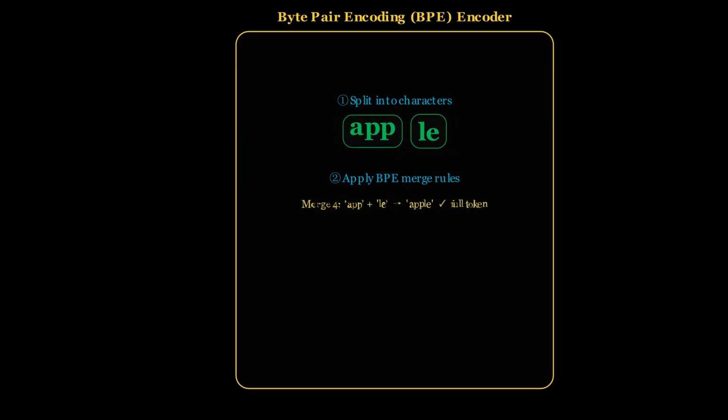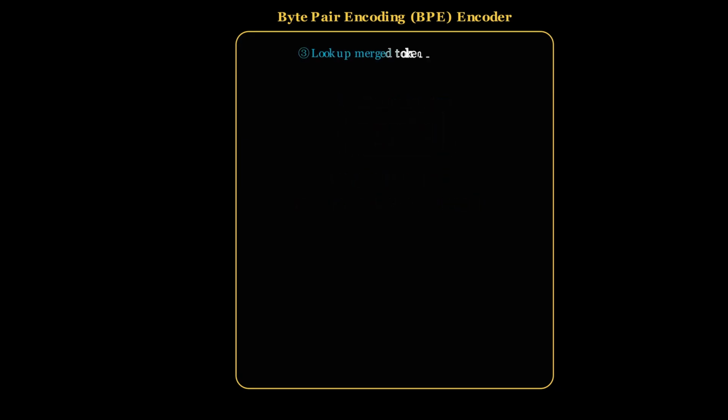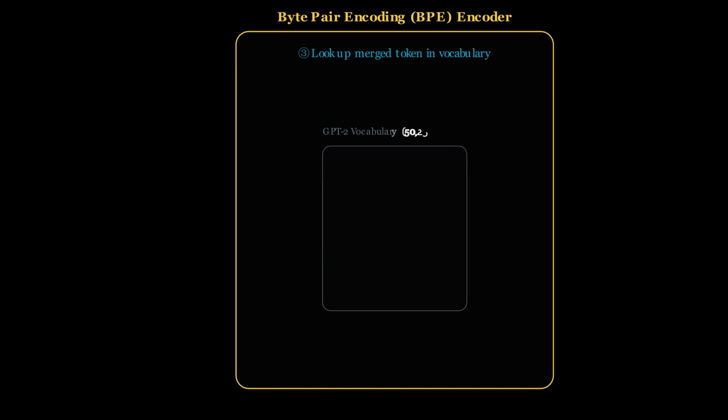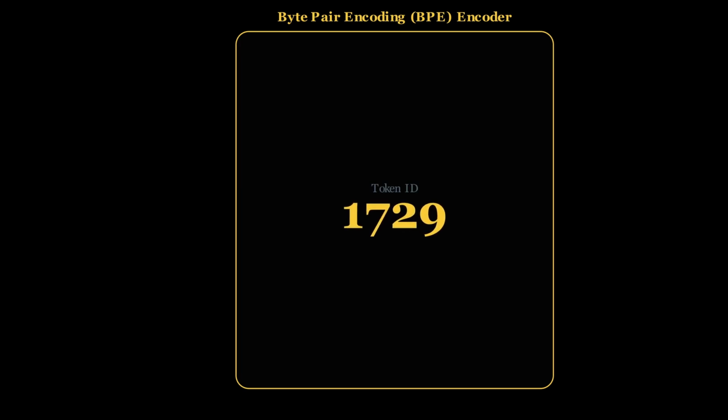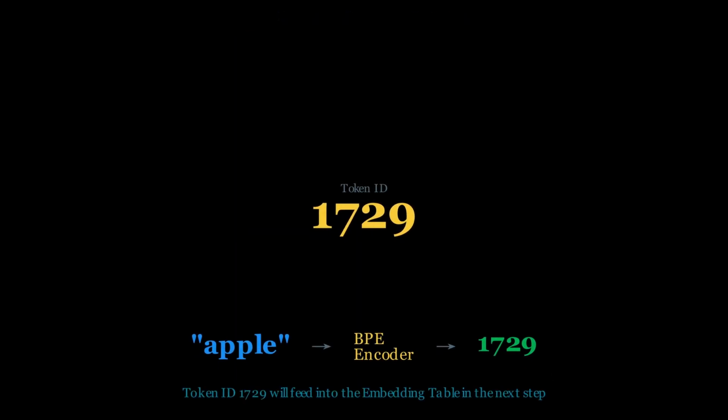So instead of keeping them separate, it gradually combines them back together until it forms the complete word, apple. Once the final token is formed, the model looks it up in its vocabulary. Every token in this vocabulary has a unique number called a token ID. And for apple, that ID might be something like 729. So just like that, a simple word is transformed into a number ready to be processed by the model.